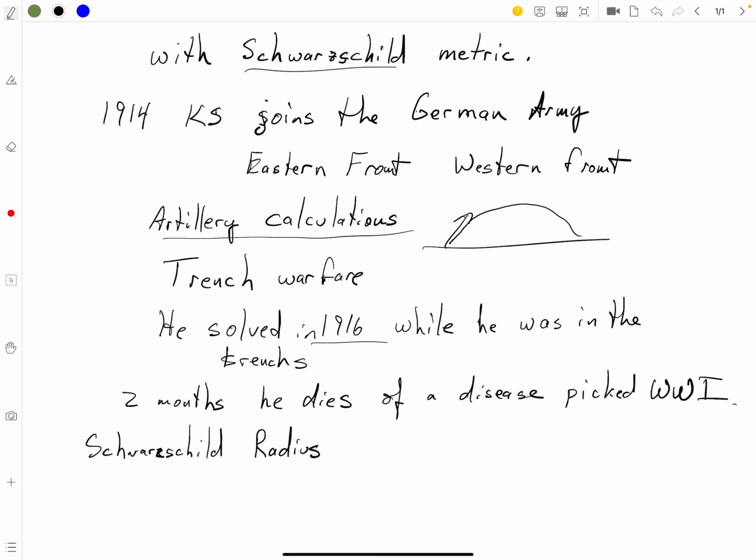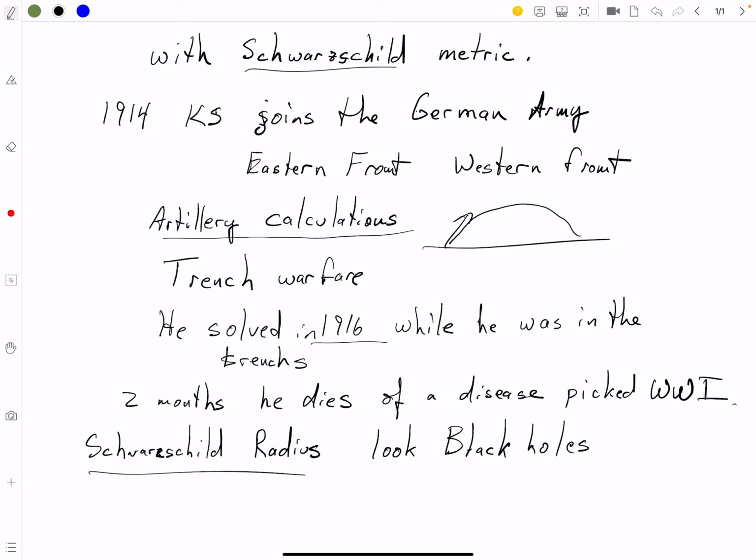That comes from the study of black holes, because his metric allowed people to look at and imagine that there could be black holes. So it's his work that got us to that point. They named the Schwarzschild radius after him.